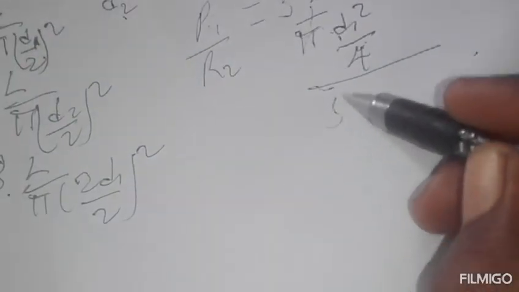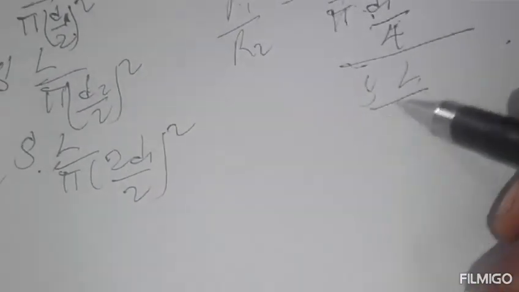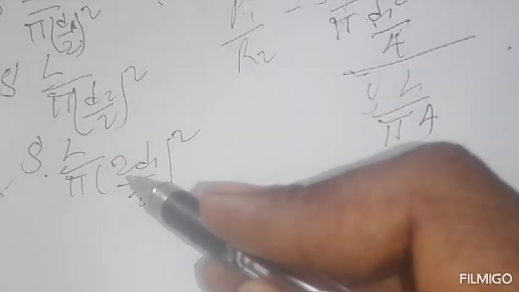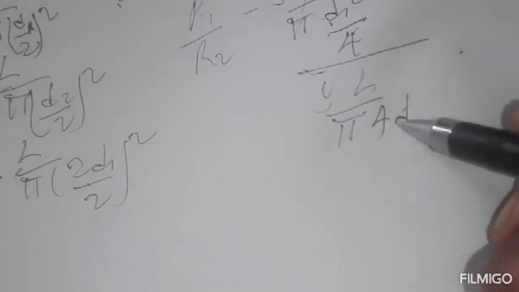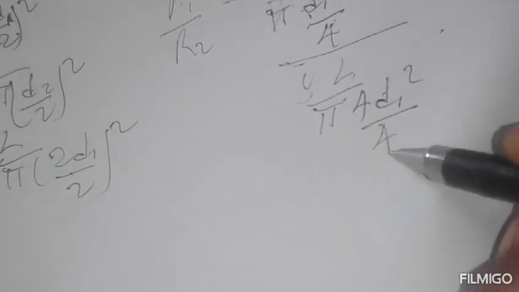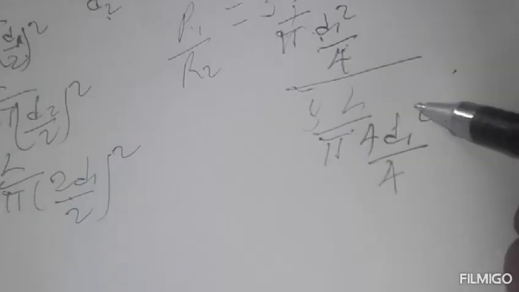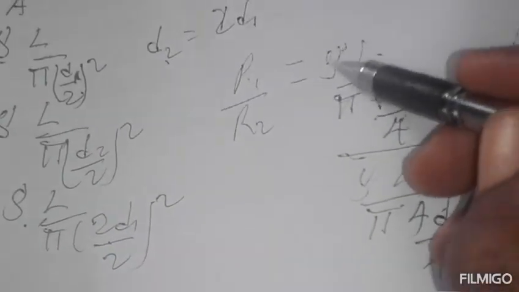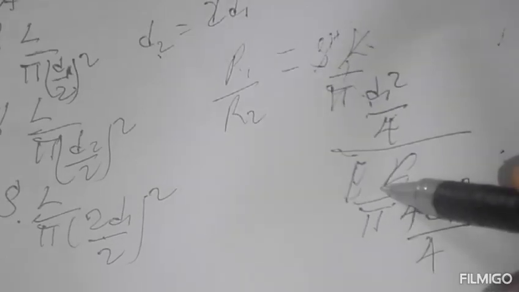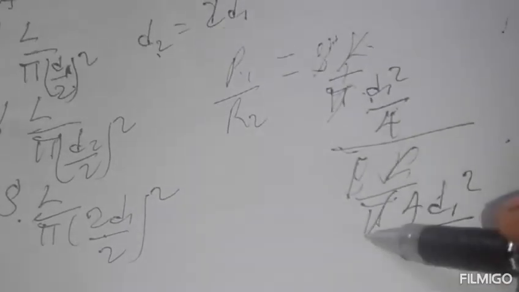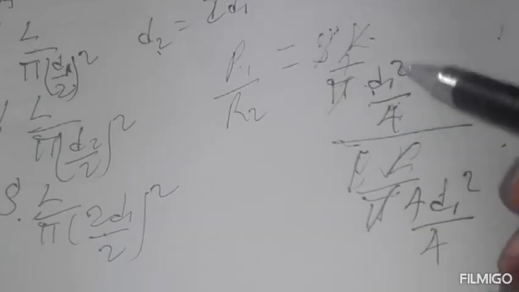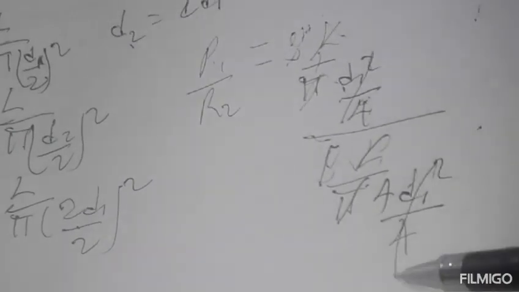Resistivity of the material times length over pi times 4 times diameter 1 square over 2 square. አሁን የሚጣፉትን እናጥፋ። Resistivity with resistivity will be cancelled. Length of the wire with length of the wire will be cancelled. Pi by pi will cancel. Diameter 1 square over 4 with diameter 1 square over 4 will cancel.